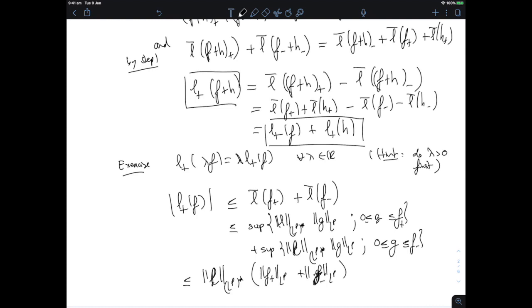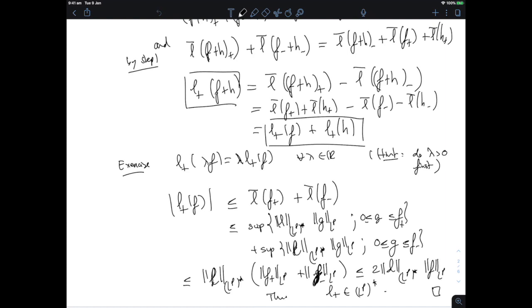But F plus is below F and non-negative, and F minus is below F and non-negative. So these things are certainly smaller than 2 times the norm of L in LP star times the norm of F in LP. And therefore, we have that L plus is an element of the dual of LP. And then so is L minus because of the definition of L minus, and we've finished the proof of lemma 6.6.